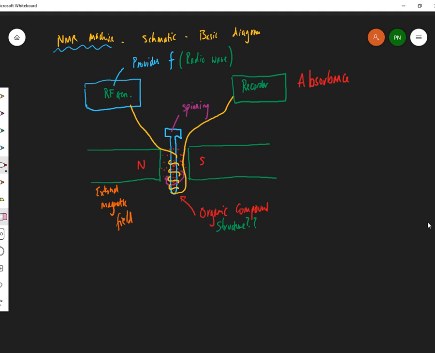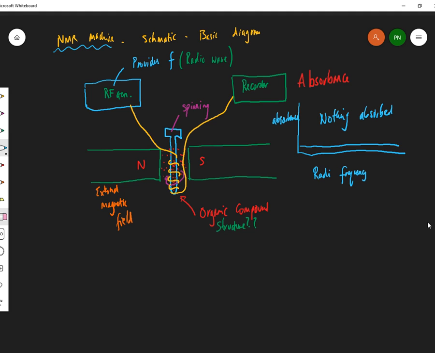So the radio frequencies go in, they go into the sample, and then something records what has been absorbed. So if nothing is absorbed, I'm going to draw a graph of absorbance. This is absorbance, and this is frequency. This is my radio frequency. If nothing is absorbed, I'll get a line, just a dead line on the bottom. So if nothing's in this, nothing is absorbed. And this is nothing absorbed.